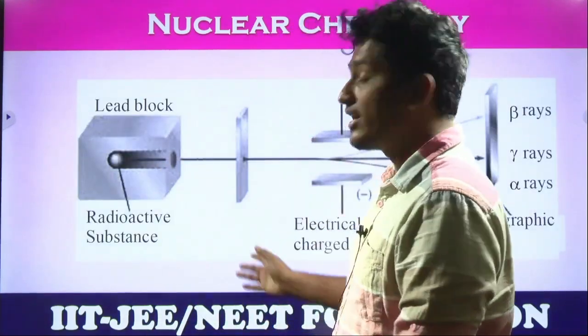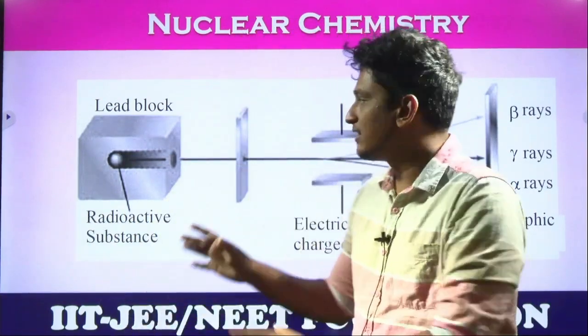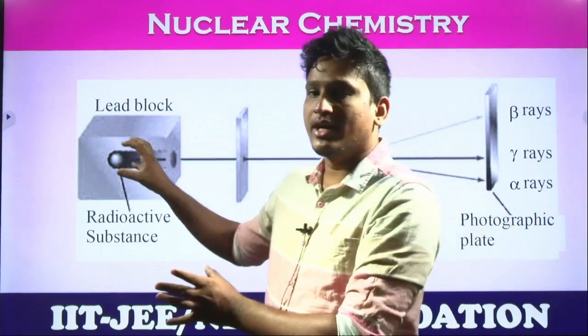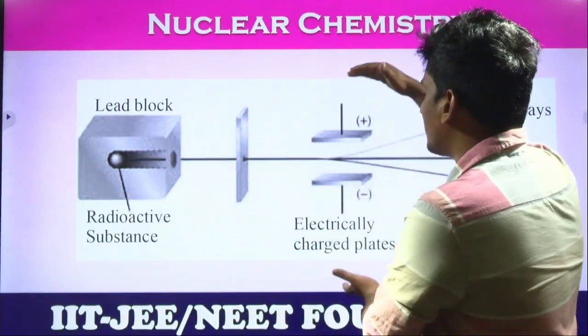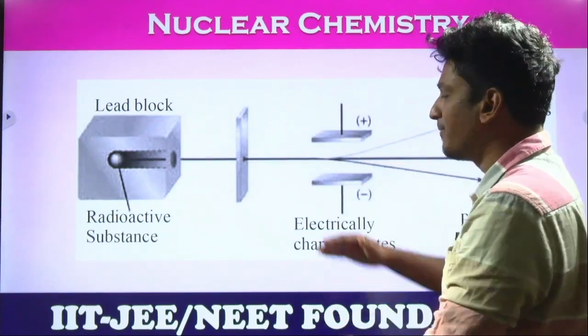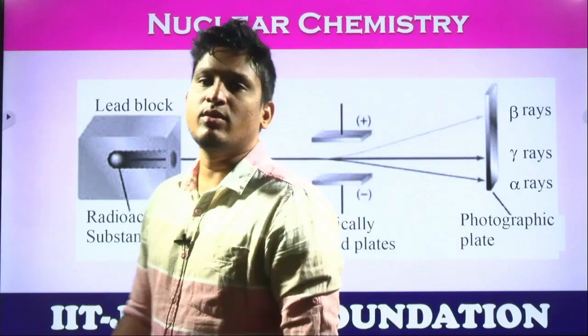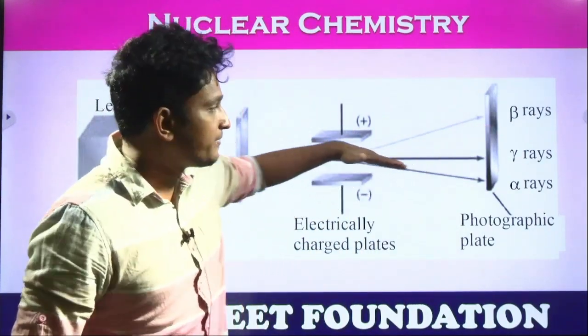Look at this. This was explained by the scientist Rutherford in a simple experiment, by taking a lead block with some radioactive substance. When it disintegrates, he placed an electromagnetic field with a positive and negative terminal. You can see clearly the rays coming from the radioactive substance are separated in three ways.